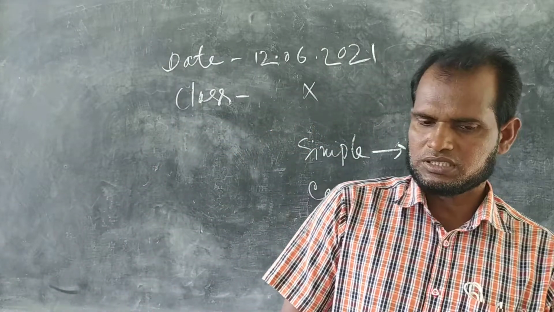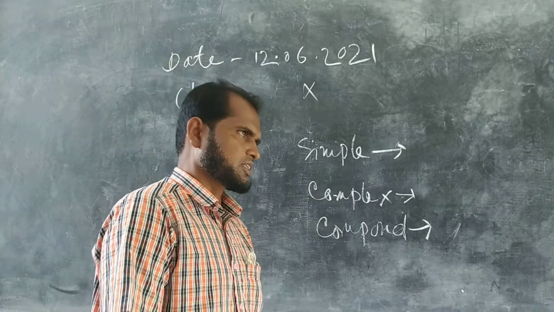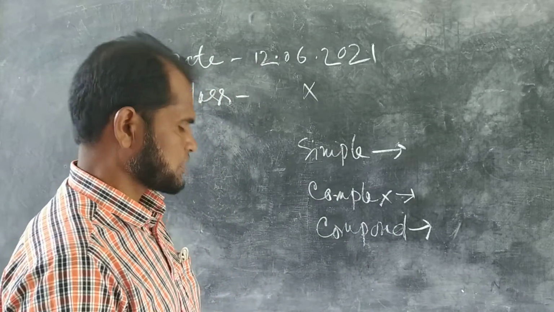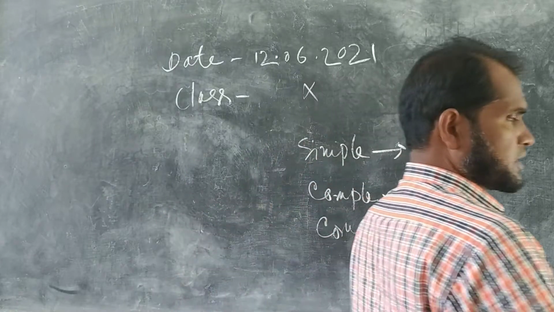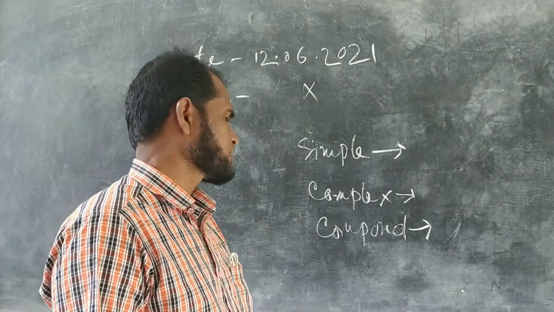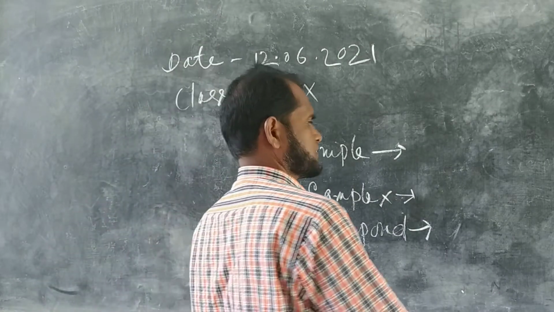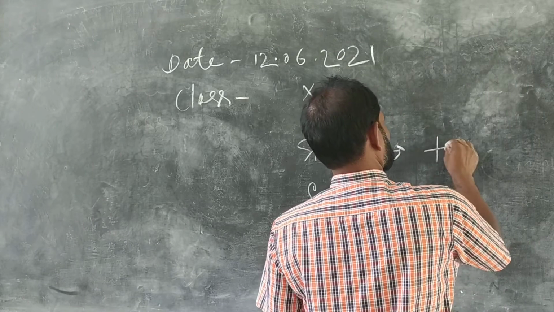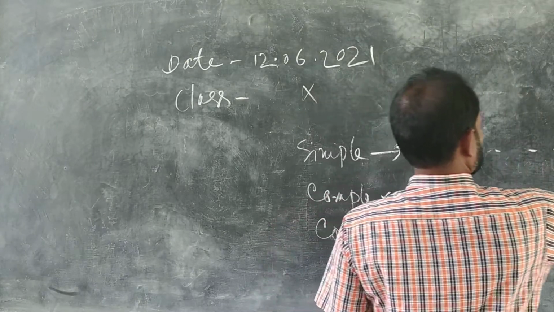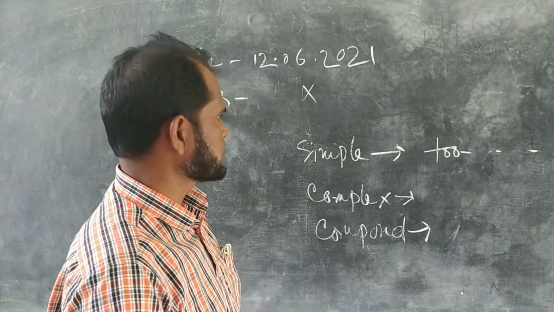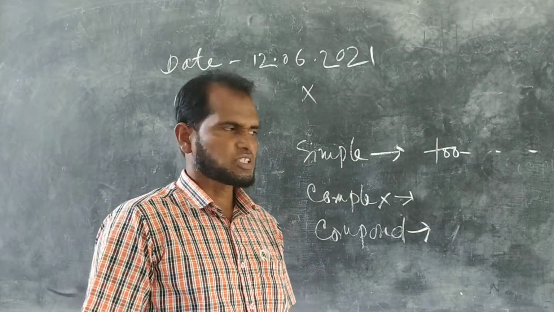I hope that today you can give the answer. Now I am going to remind it again. Simple sentence: only one subject, only one finite verb. This is the symptom of a simple sentence.